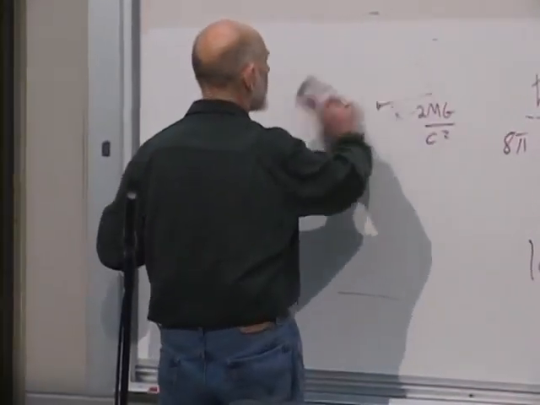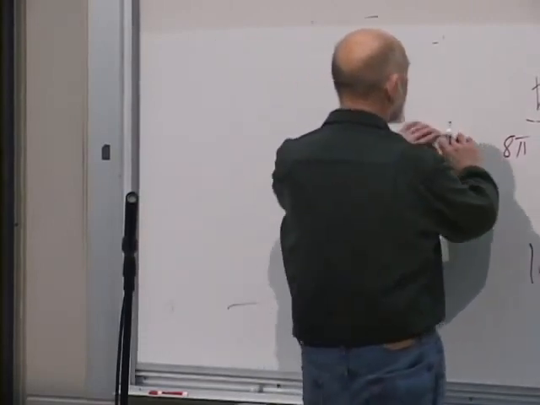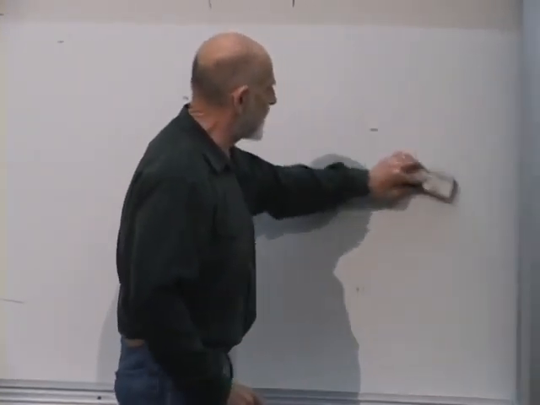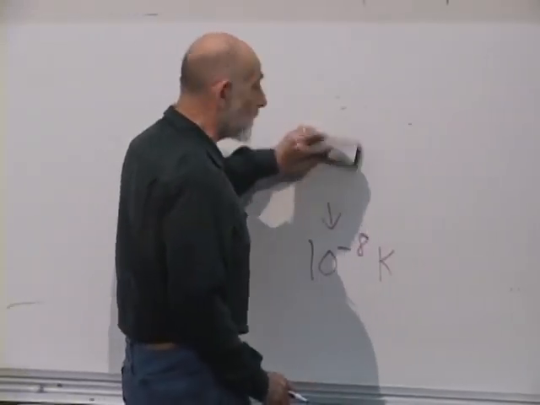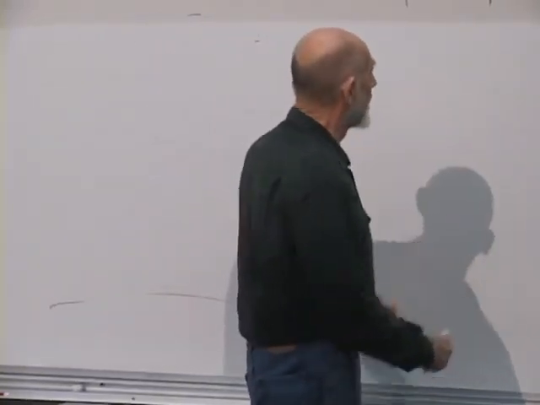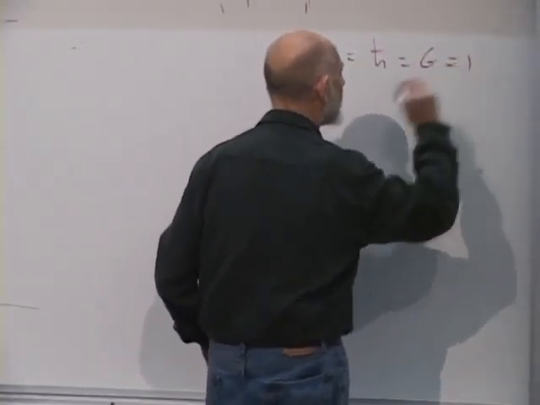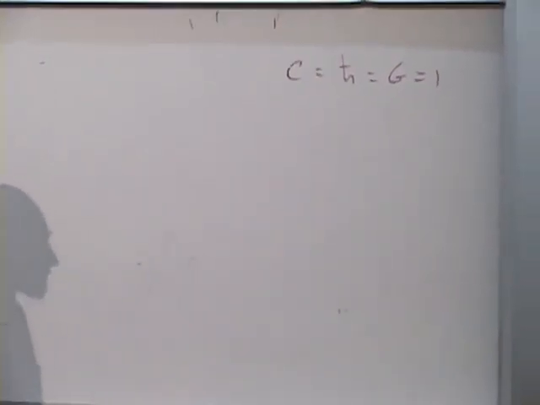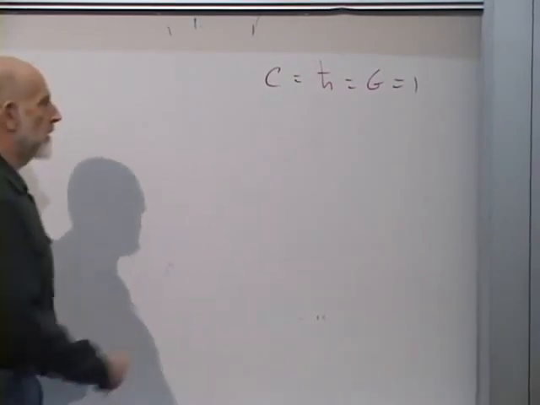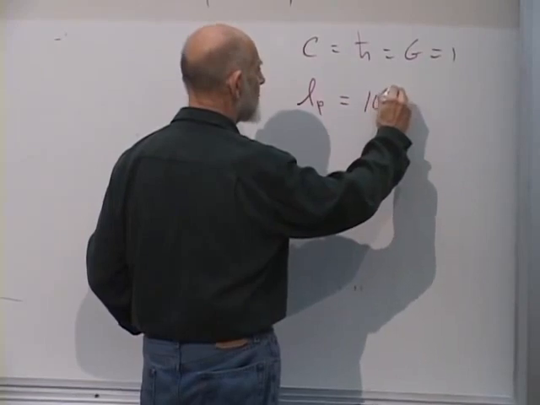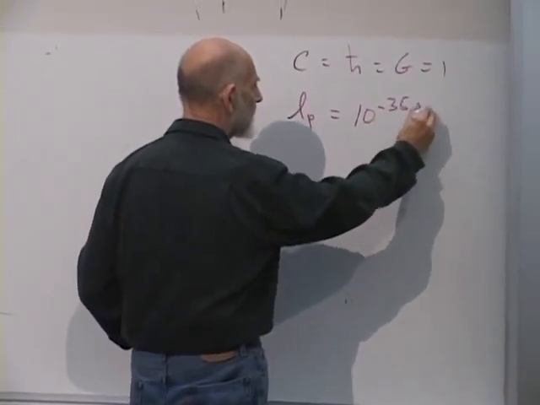Let's remember what Planck units are. They are units in which the speed of light, Planck's constant, and Newton's constant are all equal to 1. c equals h bar equals G equals 1. In those units, the unit of length, the Planck length, is about 10 to the minus 35 meters.